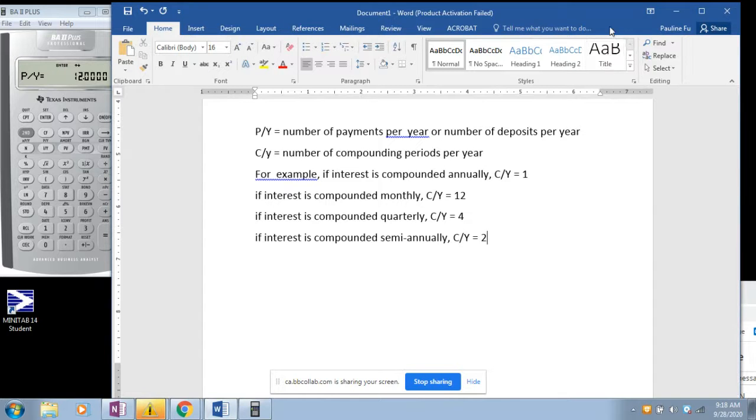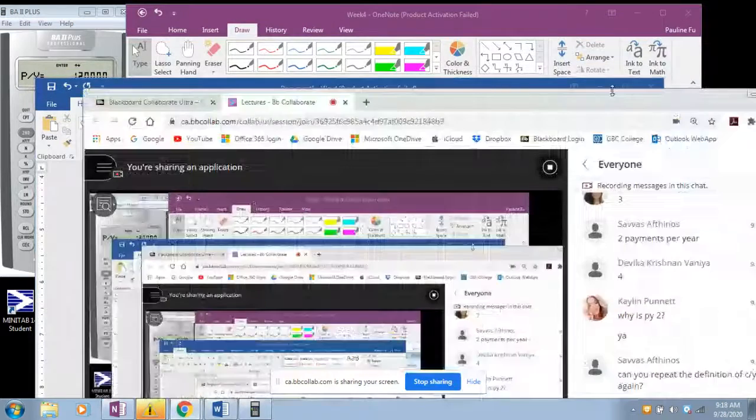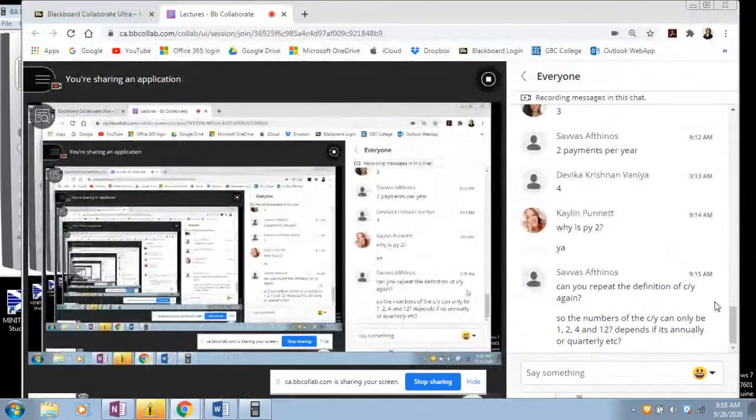Thank you. I'm glad you got it. Can you repeat the definition? So the number CY can only depend on annual? Not can only be. Those numbers are the most frequently used: CY most often is 1, 2, 4, 12. But CY could be any number. It could be 365 if you compound interest every day.